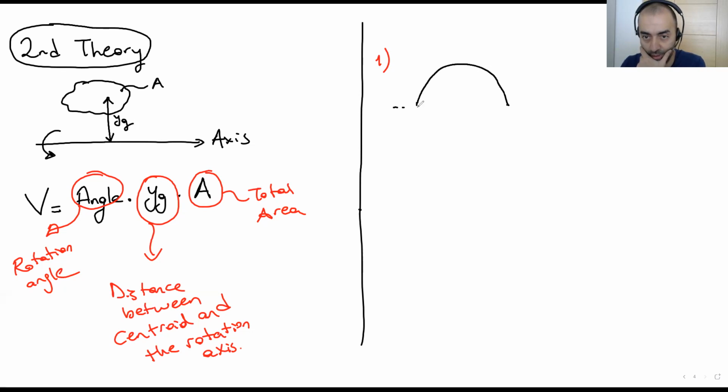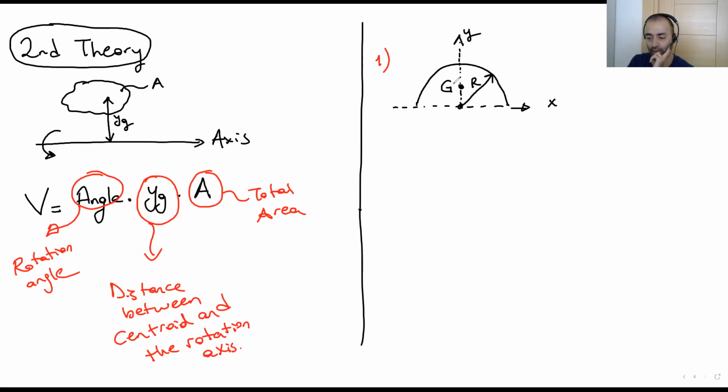Here, this is my X. And this is X. This is Y. This is R, the radius. Okay. The centroid point is this one. Okay, if I have a wire, a half circular wire like this.